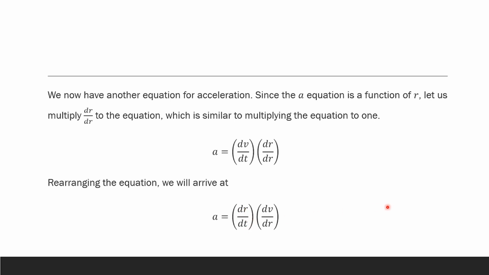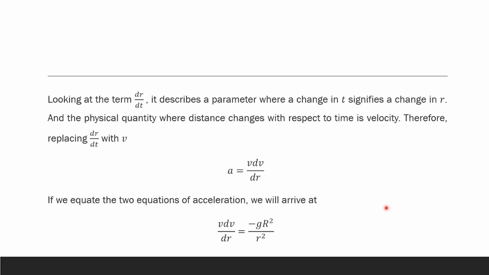Therefore, pwede pala nating palitan si dr over dt ng v, because v itself is a derivative. It's an expression na nagbabago yung distance mo with regards to your changes in time. So palitan na lang natin siya ng v instead of dr over dt. So ang kakalabasan ngayong class ng equation natin is acceleration is equal to v dv over dr.